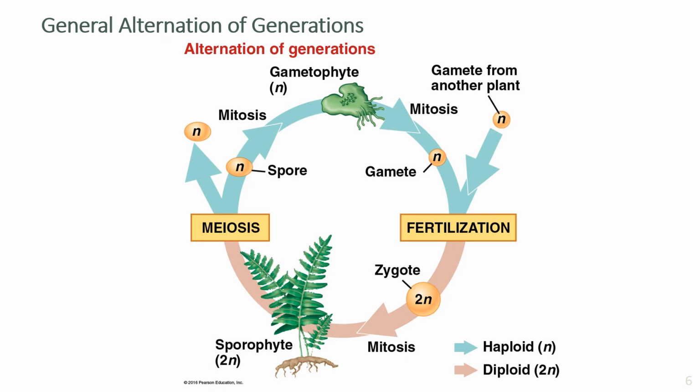This image here shows a general alternation of generations life cycle. This is actually the fern life cycle. In a minute, we're going to talk about the mosses, but I love this image because it's super simple. It very nicely summarizes what's happening and what the major parts are.